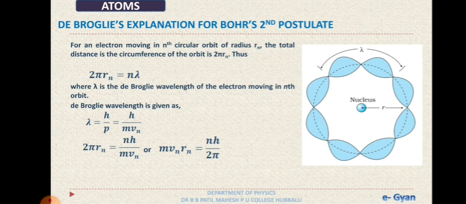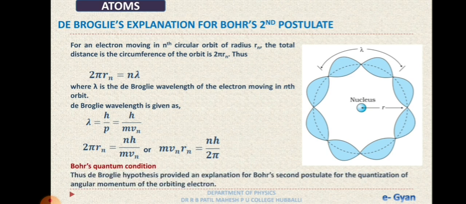Now, m Vn rn is the angular momentum of an electron revolving in the nth orbit of a hydrogen atom, which is equivalent to n into h divided by 2 pi. Thus, de Broglie's hypothesis is used to obtain Bohr's second postulate of quantization.